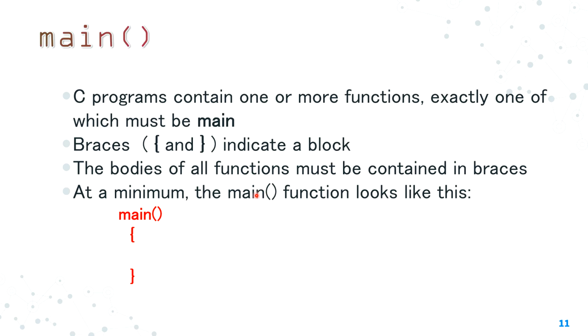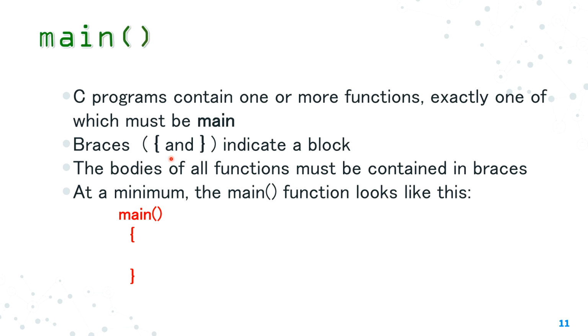Every C program contains one or more functions, but exactly one must be main, which is mandatory. The main function is the entry point of a C program, meaning program execution always starts from the main function.